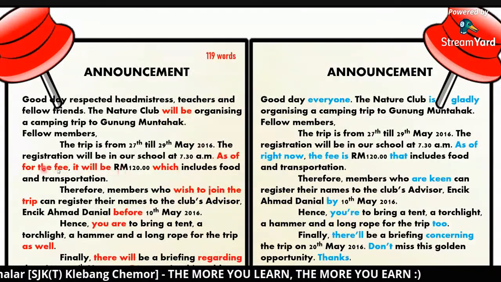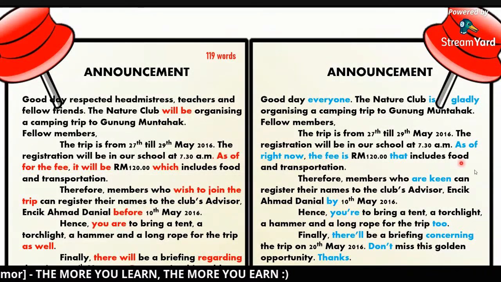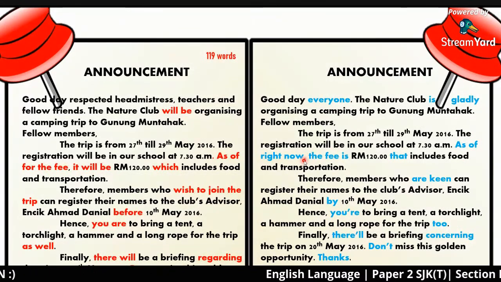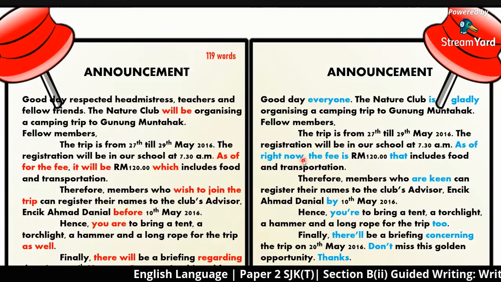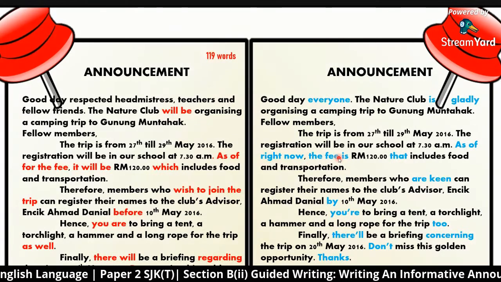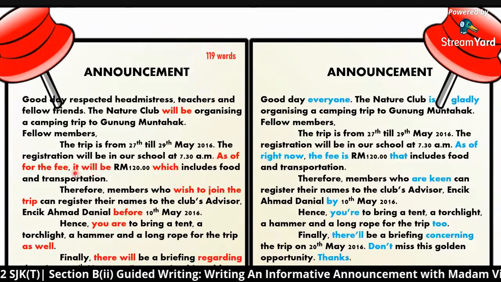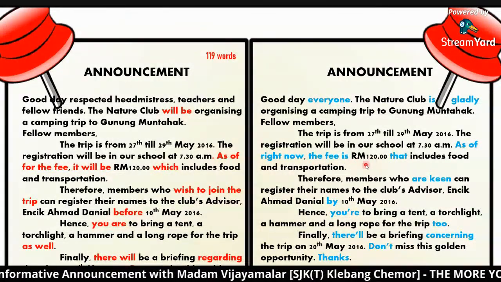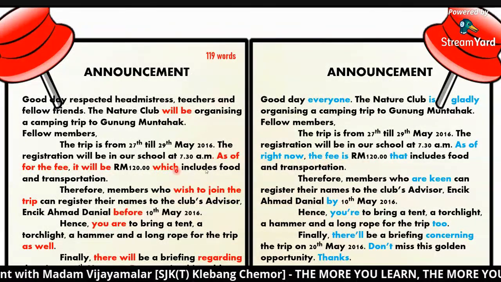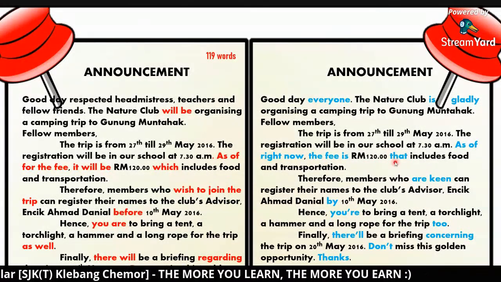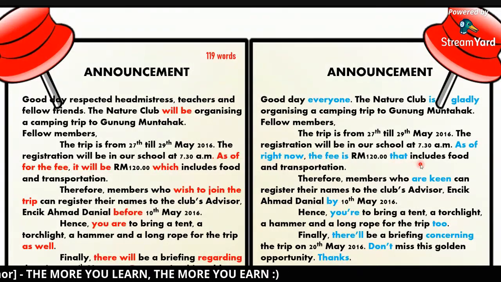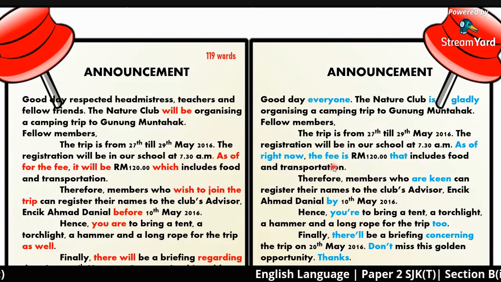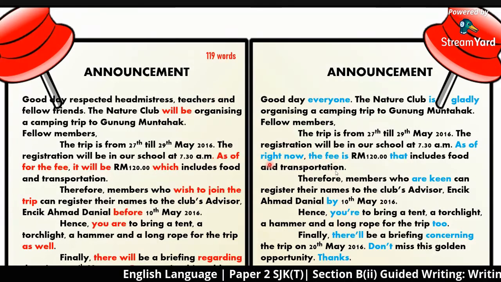As for the fee, I've changed that a bit. As of right now, or you can also use the words at the moment, the fee is. So I've changed from it will be to the fee is RM 120. The word which you can change with the word that includes food and transportation. All right. The next one.